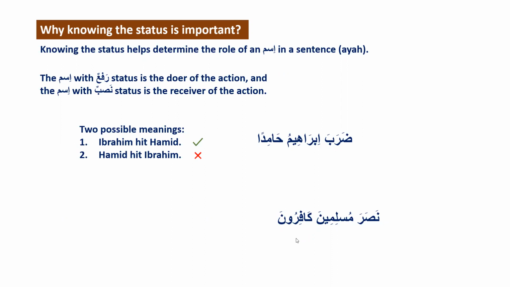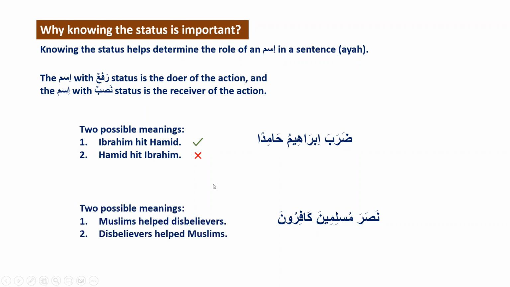All right. Now we need to translate it using the information given up here, that Rafa is the doer of the action and Nasab is the receiver of the action. So Zainab is going to tell me, inshallah, which one of the two is correct, number 1 or number 2.